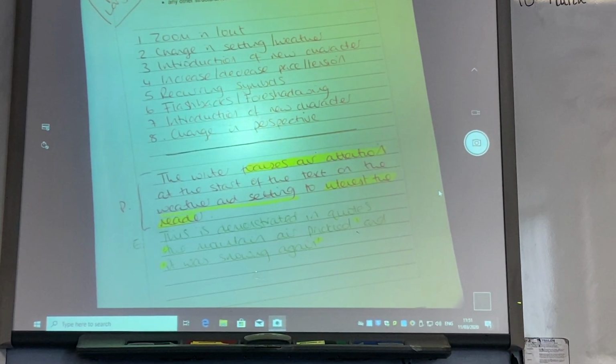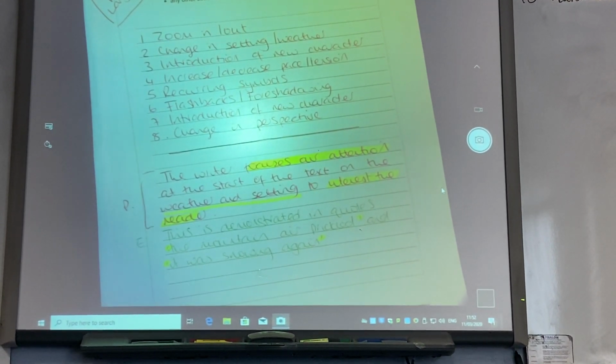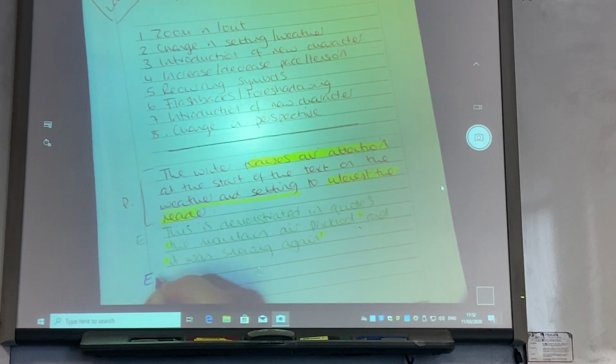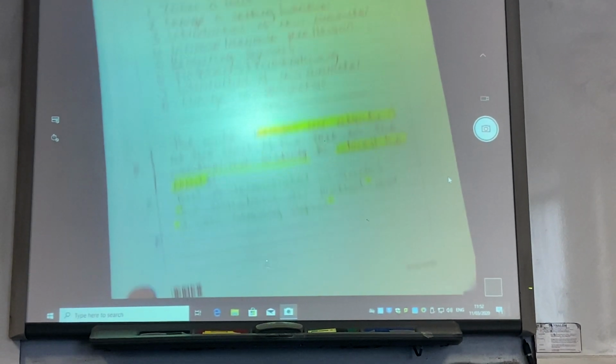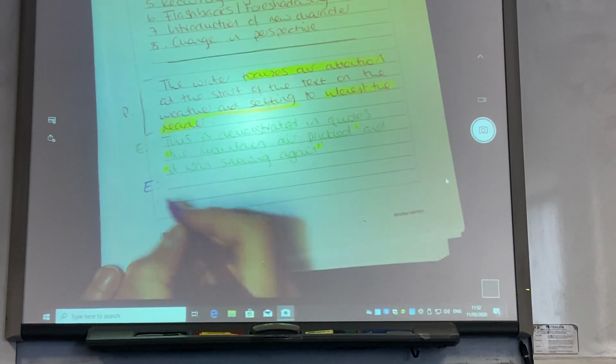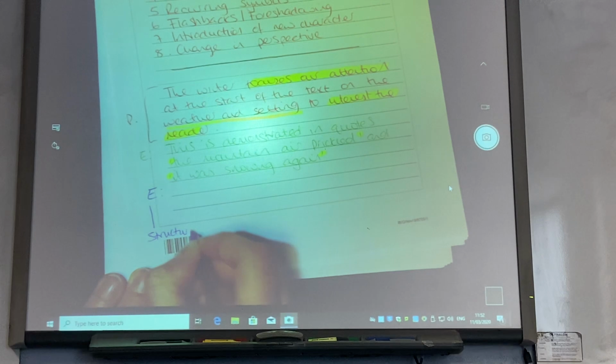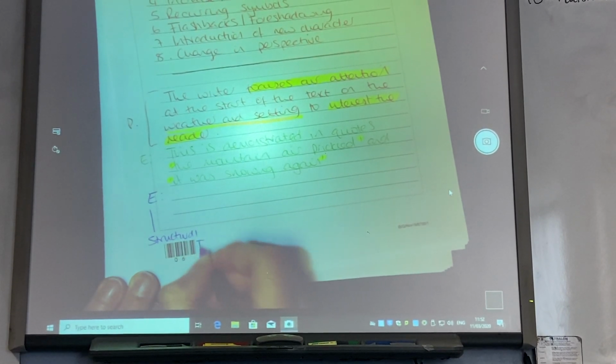Okay, I'm going to change my colour now. I think we'll have a purple for my explanation. Remember, your explanation is where you get all your lovely marks, so it should be the longest bit, and it should be focused on structural features, not language.